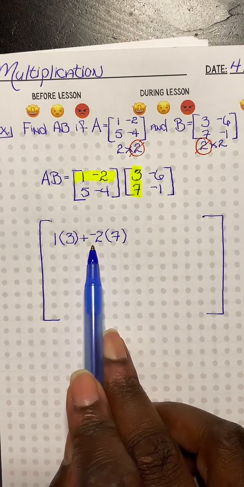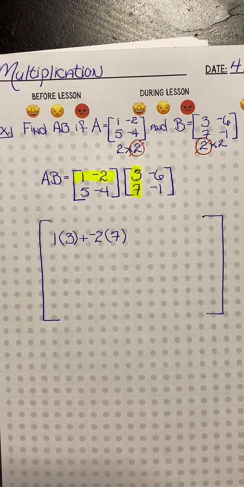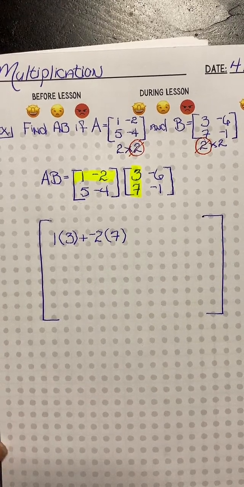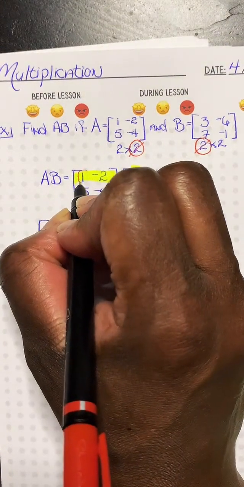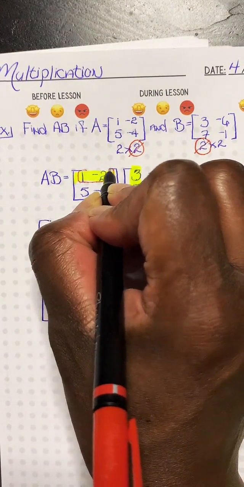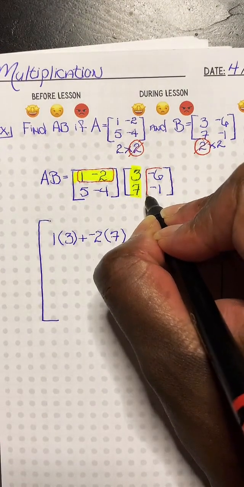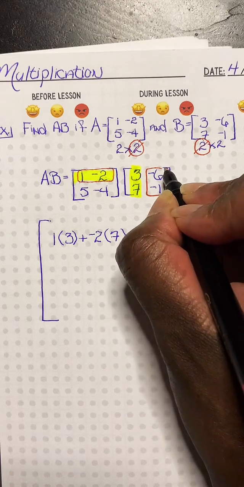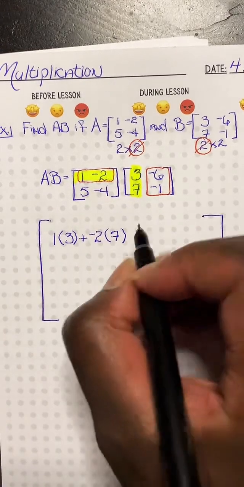All right. Now, it's almost like distributive property. So now I'm going to take this first row, and this time I'm going to connect it with my second column. So we're doing first row, okay, again.